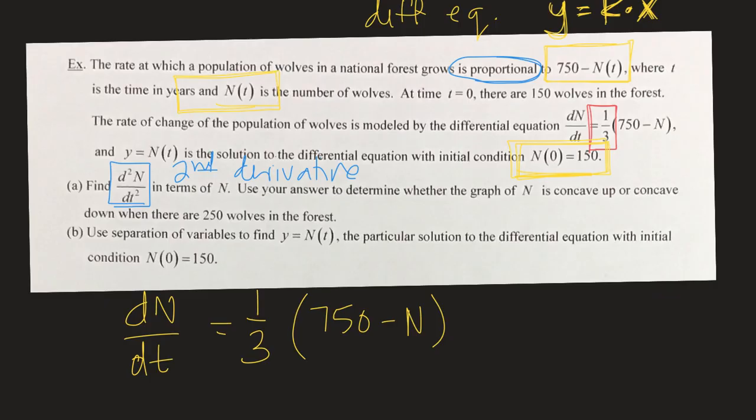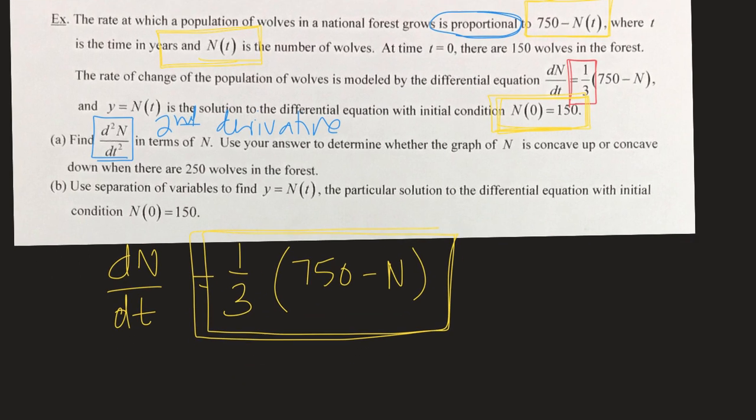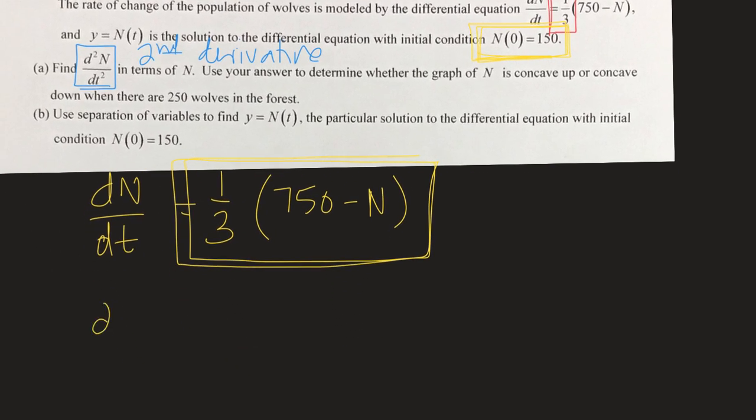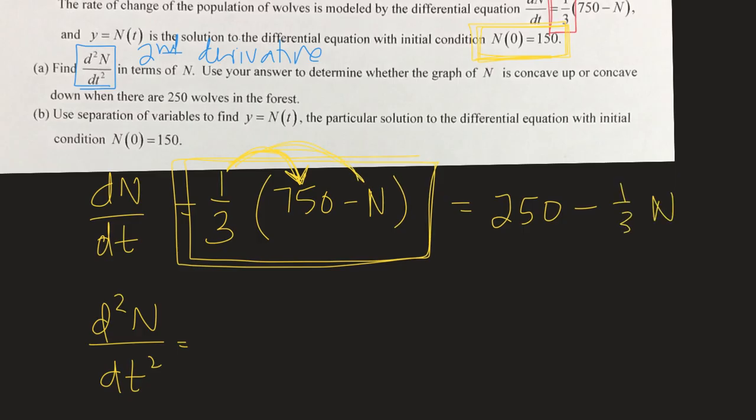So let's take the derivative of this equation, 1/3 of 750 minus n. So the second derivative with respect to time is going to be, well, let's distribute. What's 1/3 of 750? Well, that's 250 minus 1/3 of n.